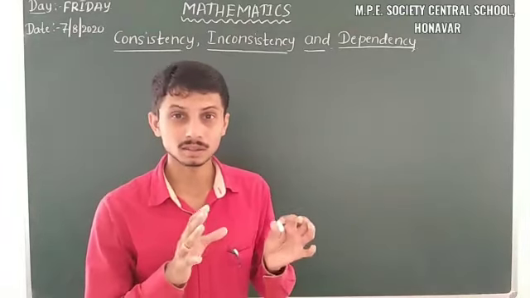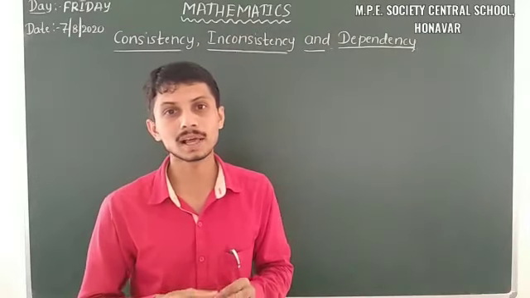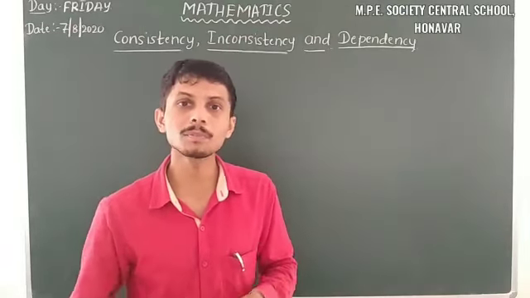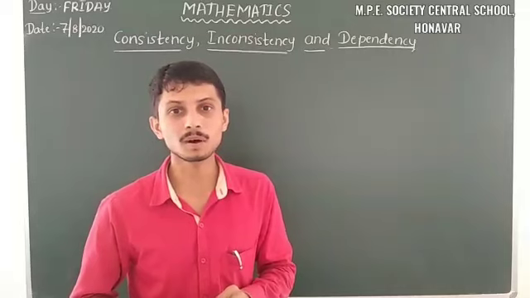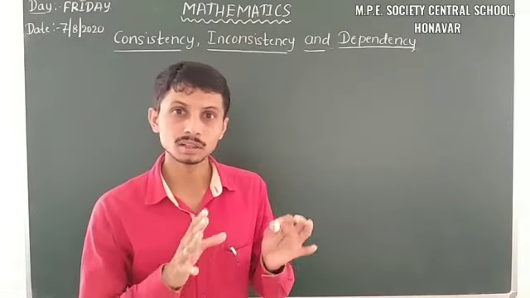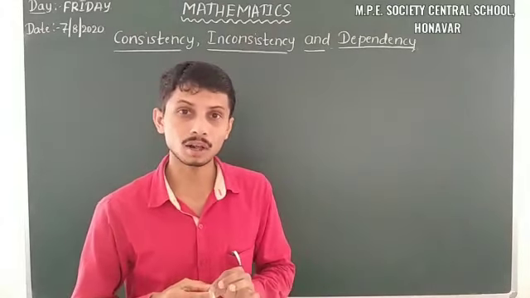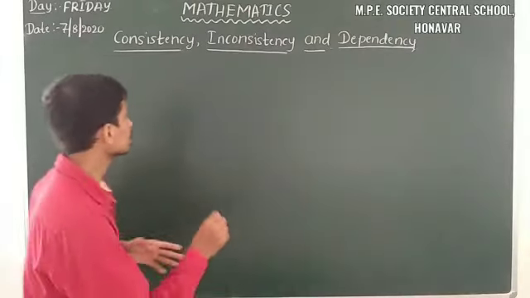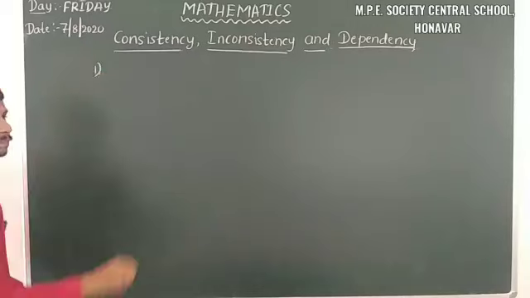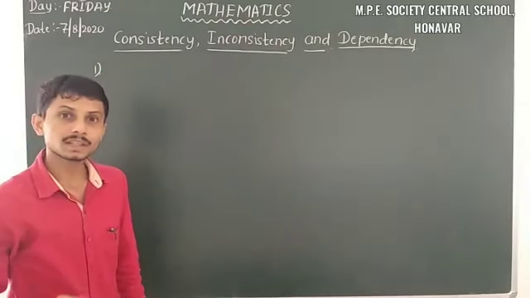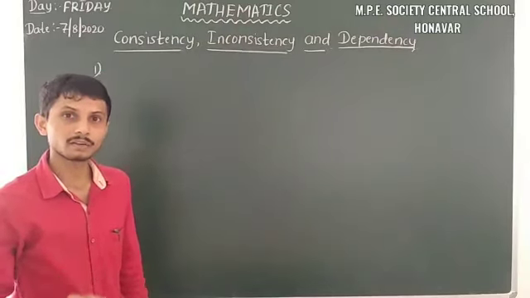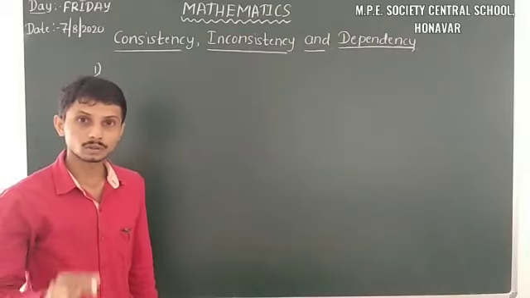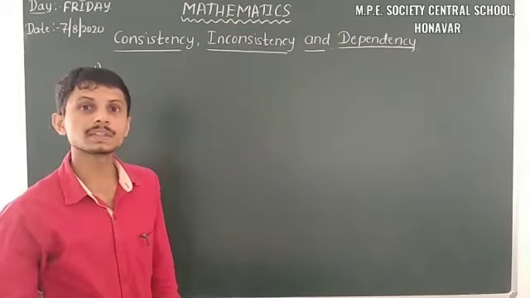That means the pair of linear equations in two variables has only one unique common solution. So those pairs of linear equations we call a consistent pair of linear equations. So firstly, I will call it: when a pair of linear equations in two variables has a unique solution, it is known as a consistent pair of linear equations.